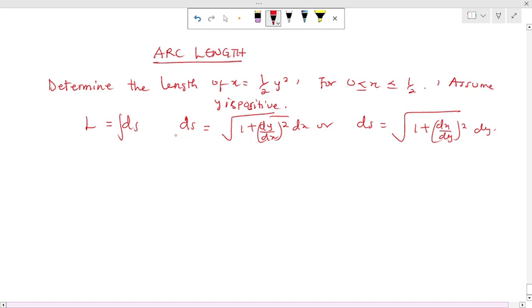So looking at your function, the function will influence whether to use ds as this or as this. In all cases, you can modify your function to choose the one you're convenient with.